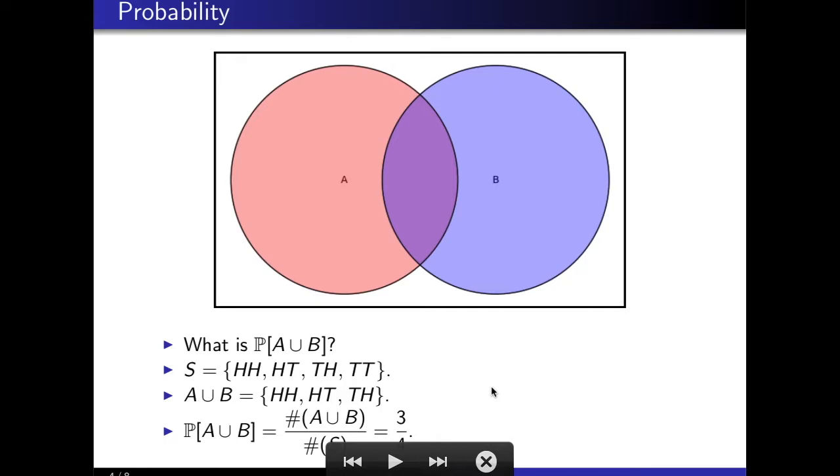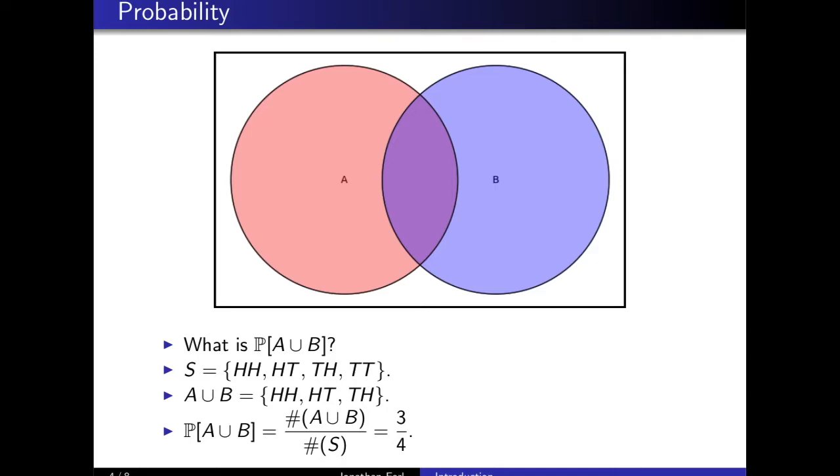So there are 3 outcomes where A or B occurred, and the total number of possible outcomes is 4. We'll denote the number of outcomes for A or B with this hashtag. So that's 3, and the total number of outcomes we could have had is 4. So the probability of A or B is 3/4.